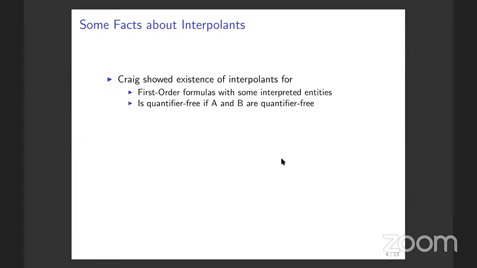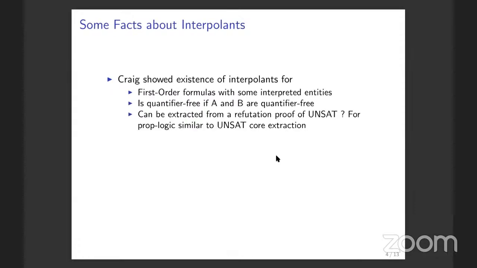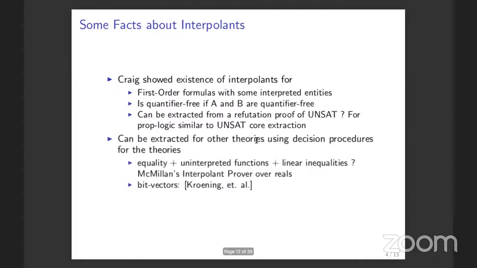He also showed that it is quantifier free if A and B are quantifier free, and that it can be extracted from a refutation proof, an unsat proof for propositional logic, similar to unsat core extraction and linear in the size of the proof. There are lots of theorem provers and even SAT solvers which provide this as a feature, and people have extended interpolant extraction beyond propositional logic to other theories, including uninterpreted functions, equality, and linear inequalities.